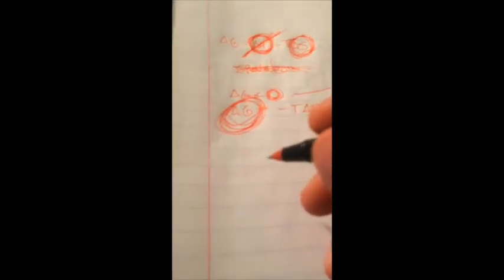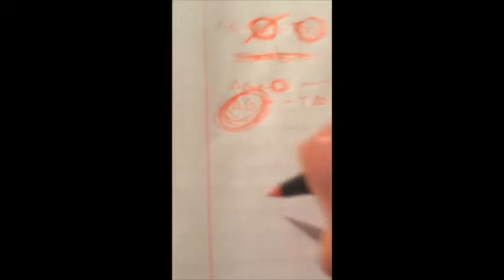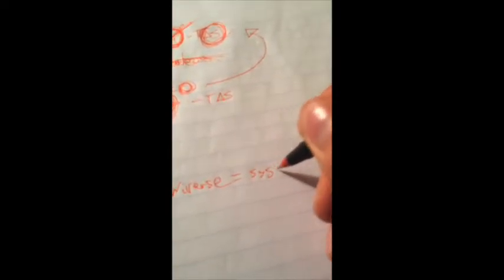Now, what is the universe? That might seem like a strange question, but in chemistry, it's actually somewhat important. So the universe is equal to a system plus everything that is not the system, that is to say the surroundings.